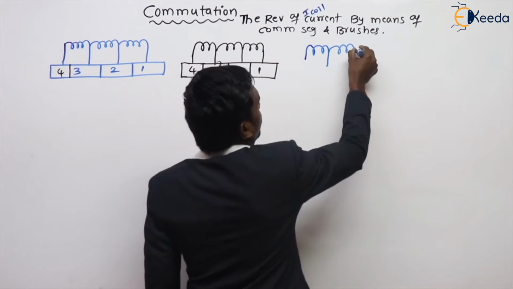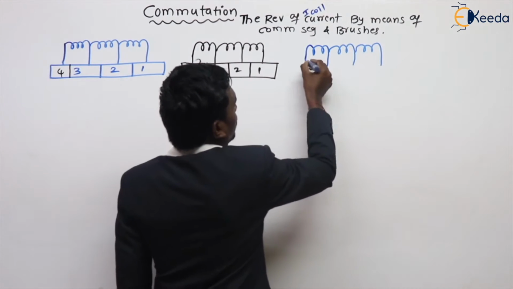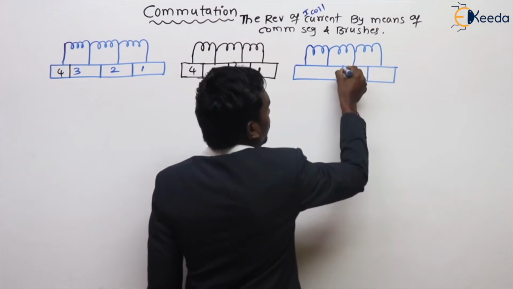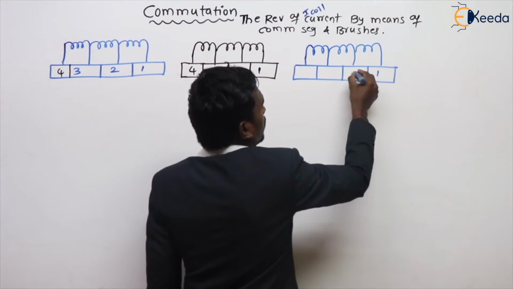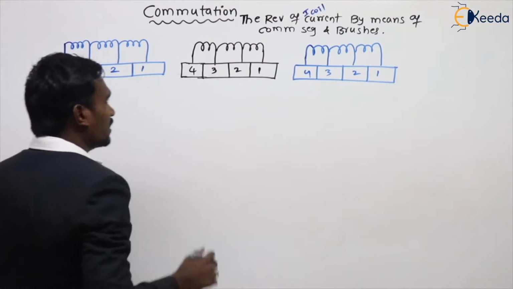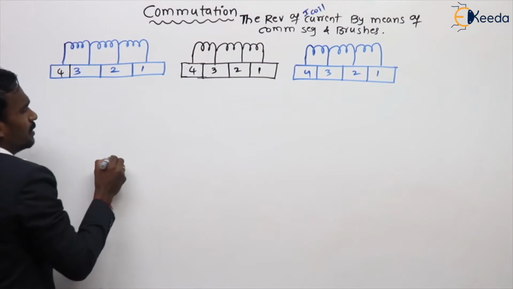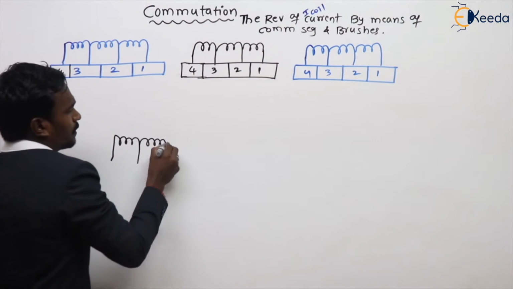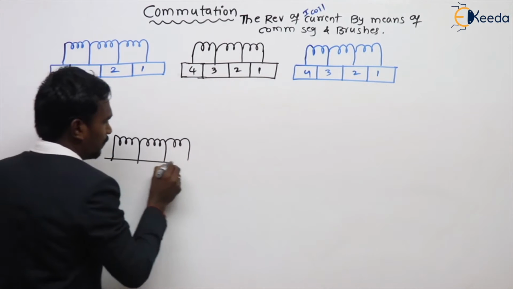I am taking it like this. Here also there are different commutator segments: first commutator segment, second, third, and fourth, right? And next, the fourth one is this.